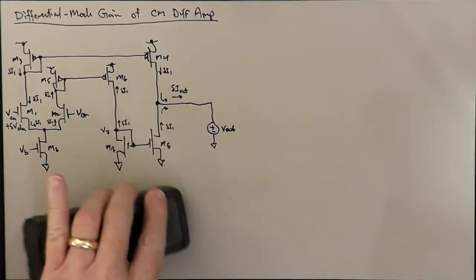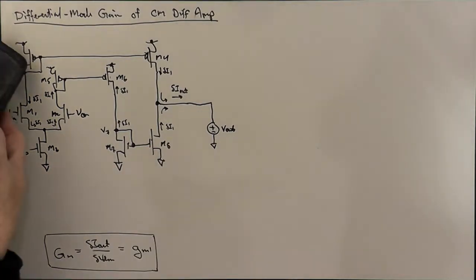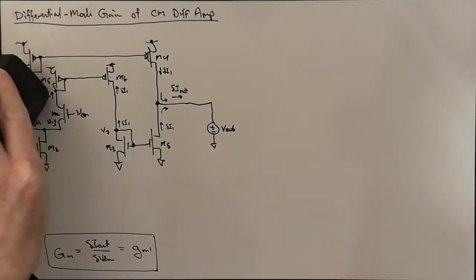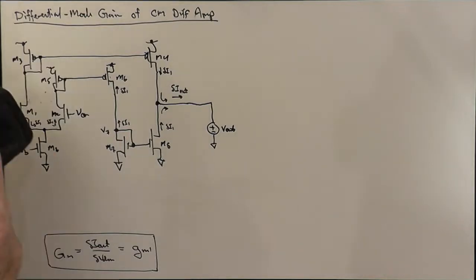So to do the other half of the calculation, we turn off our input voltage source, and that takes away these current increments. So we can do this without damaging the circuit too much.